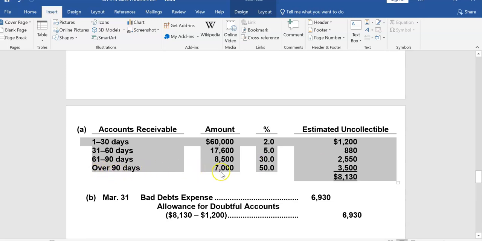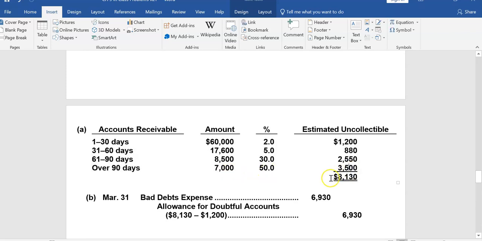And over 90 days old, we have $7,000 worth of receivables, 50% or half are expected to be uncollectible.